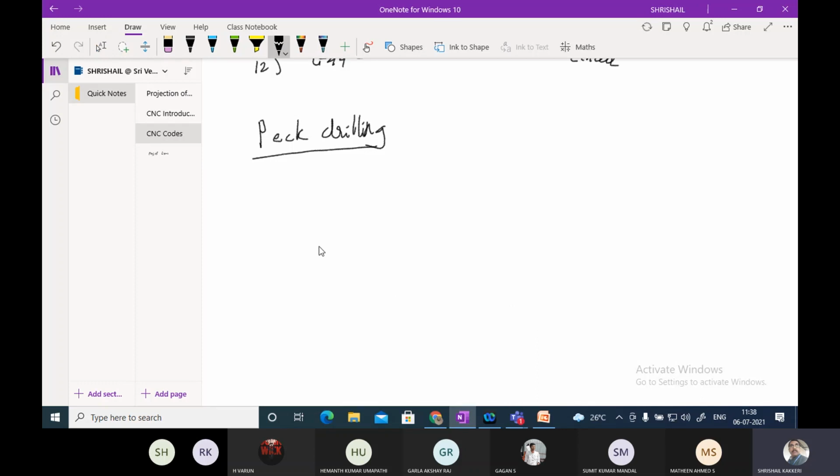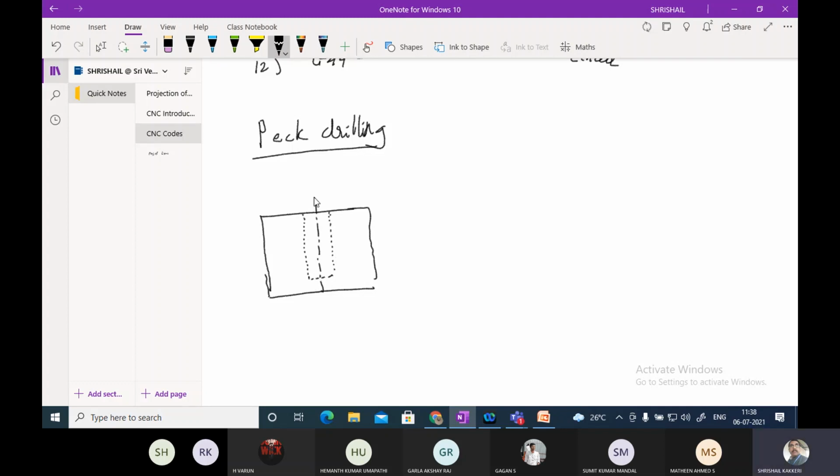See, look here. I have a material, and I have planned to do a drilling in this. For example, I want to do the drilling up to here.